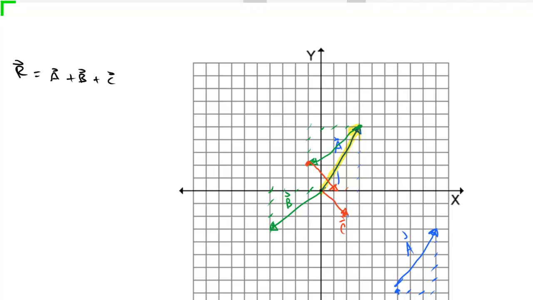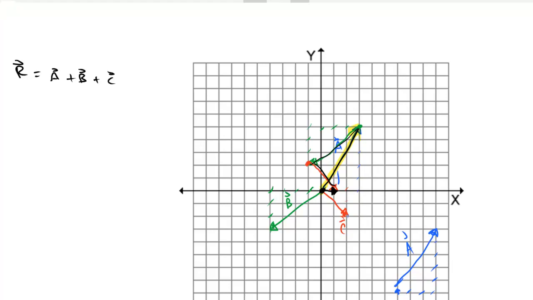And the resultant is where we end up. The resultant actually ends up being pretty small here. The resultant of this vector is from the start of the first one to the end of the last one. If we didn't know the path, then we wouldn't know that we walked all the way up along A, then back down B, then back down C to end up here.